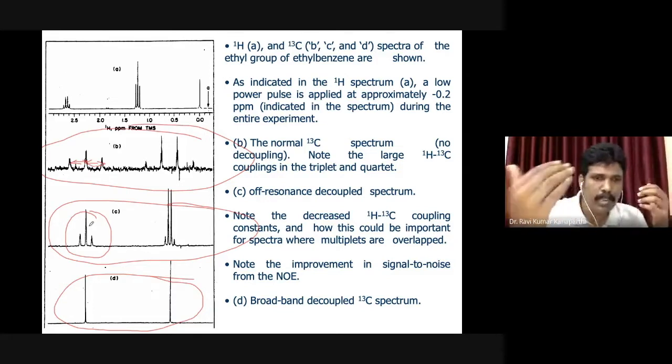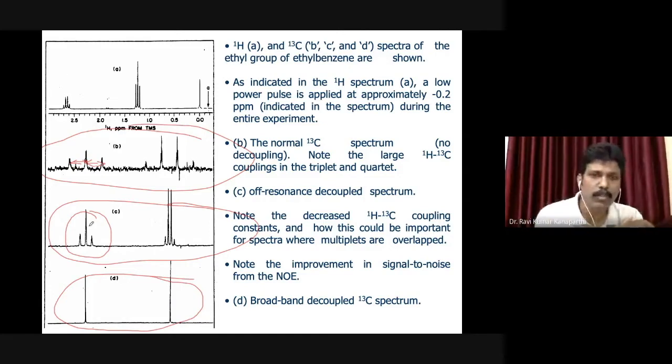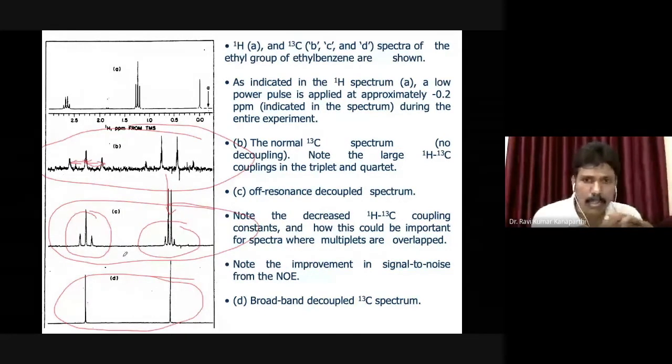How many neighbors are there? If a particular signal is a triplet, that means it is seeing two different neighbors. That is the information that is required while solving the puzzle of molecular structure. Okay, so this is the advantage. Similarly, this quartet you can see here, the same quartet here, it is minimized and nicely resolved, and it occupies a very small place with a nice signal to noise ratio also enhanced.